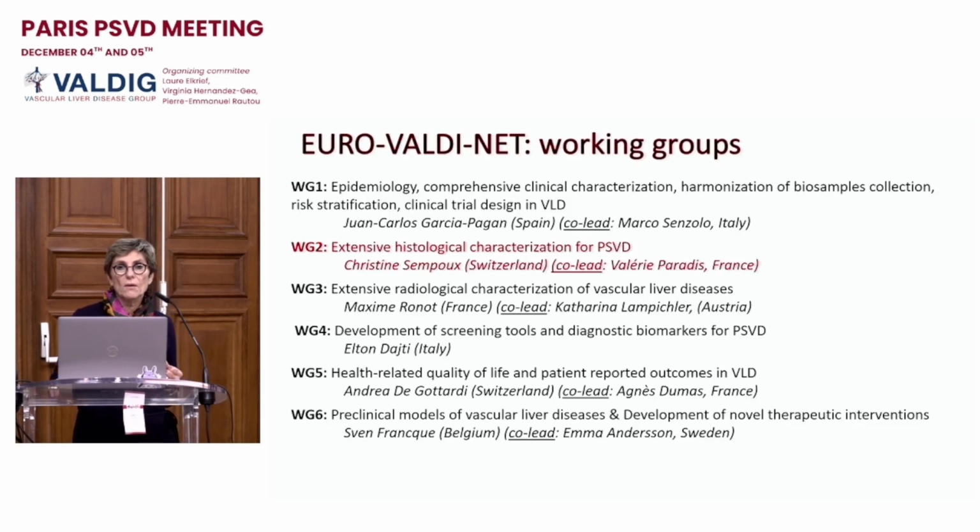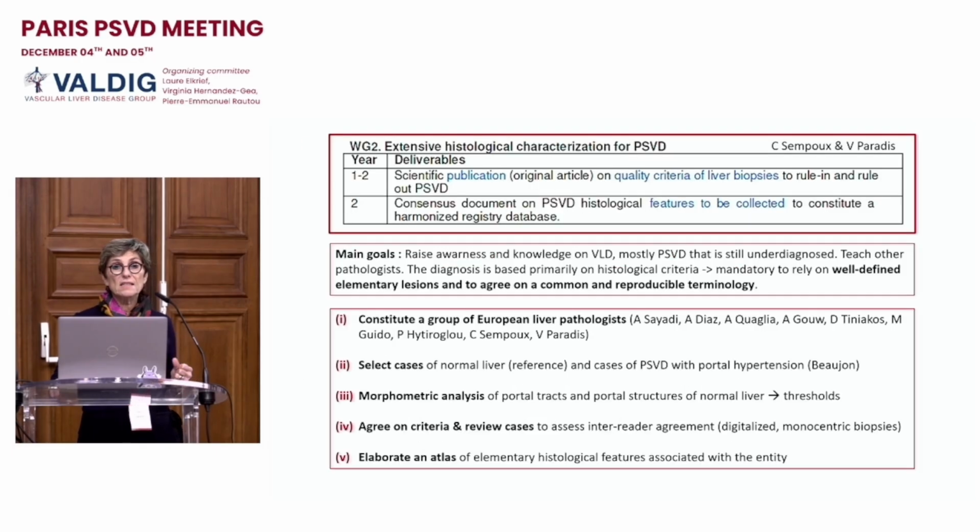This COST action has 6 working groups, and you can see that one working group was specifically dedicated to histology. The group is led by Christine Saint-Pou, and our objective was, as for imaging, to teach what the lesions associated with PSVD are, but also to better define the elementary lesions and agree on a common and reproducible terminology.